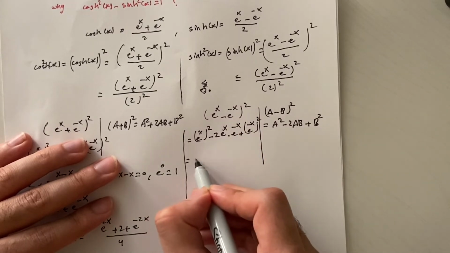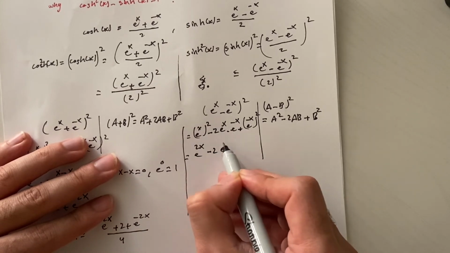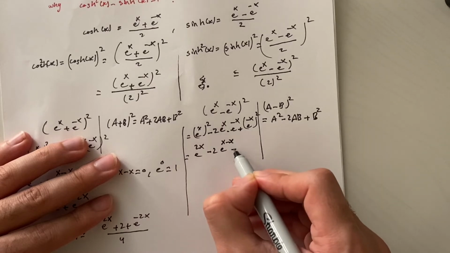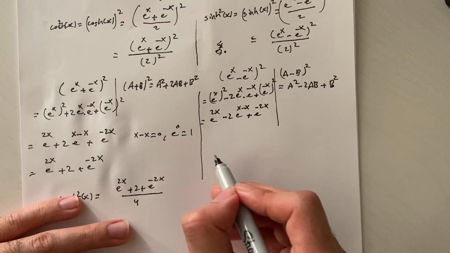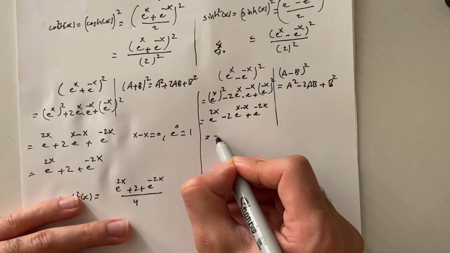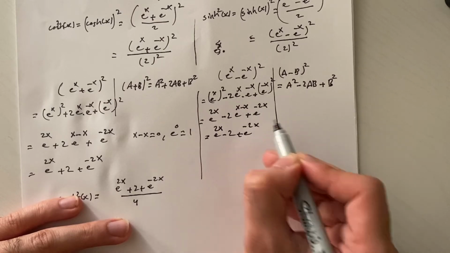Now it's gonna be e to the 2x minus 2 e to the x minus x and then plus e to the negative 2x. Remember, e to the x minus x is just 1. So we'll end up with e to the 2x minus 2 plus e to the negative 2x.